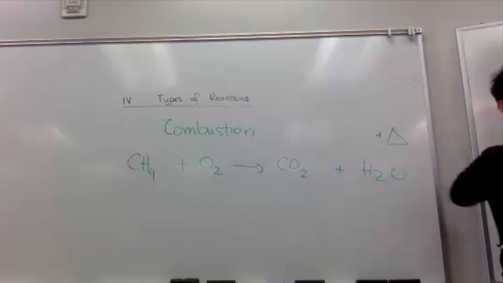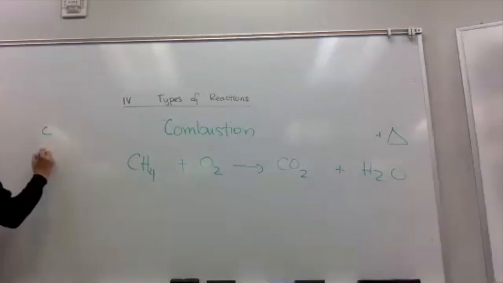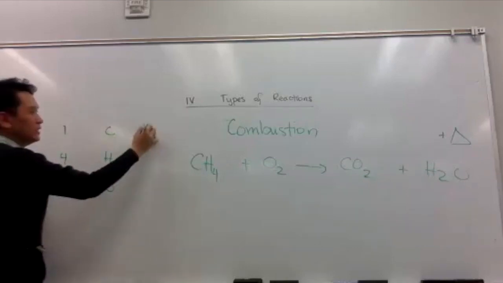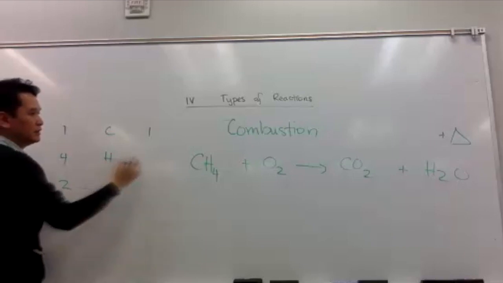Did I, in the lecture video, tell you how to balance these combustion reactions? They're a little bit trickier. So let's do them. CH4 plus O2 gives CO2 plus H2O. How many carbons do I have on the left-hand side? How many hydrogen? How many oxygen? 2. On the right-hand side, how many carbon? 1. How many hydrogen? 2.